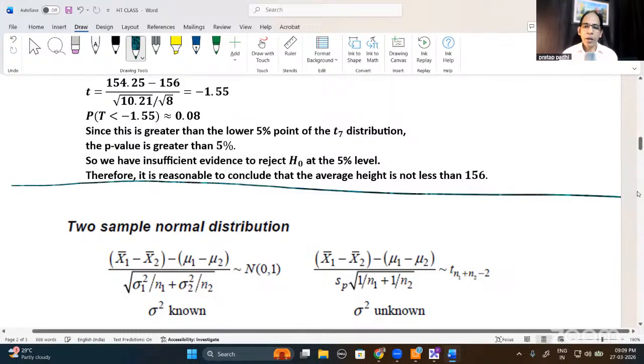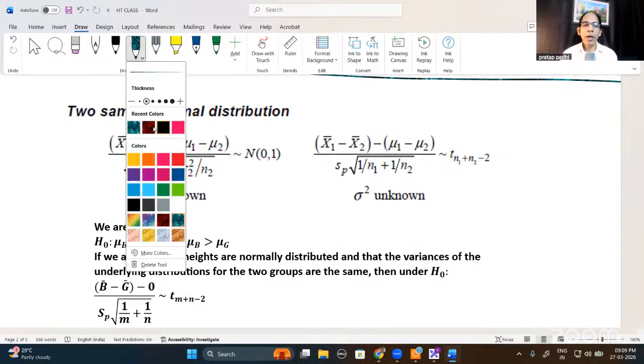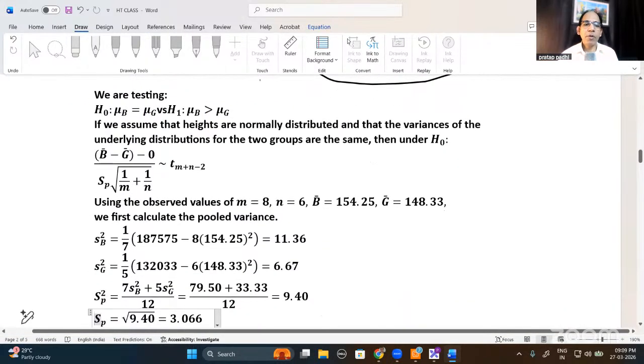This is done. Now we'll go to two sample. Again, this part we are leaving. We will be using this one. So now here we are checking. Now we'll take two populations. When you consider two populations, here we have two populations. You see, mu boys, mu girls, they're equal, or boys is greater than girls.